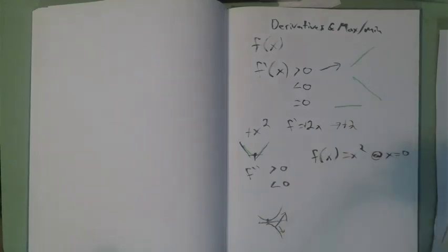Now, there are more aspects to it than that. This is just the very simple version, but this really captures all of what we need to know to find maximum values and minimum values most of the time. The rest basically boils down to practice.